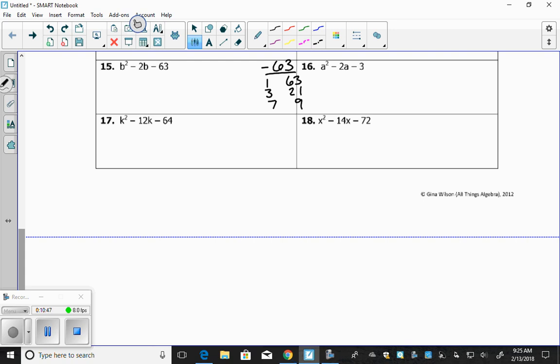Alright, so it's negative 63. So does that mean my signs are going to be the same or opposite? Opposite. Which number is going to be positive?